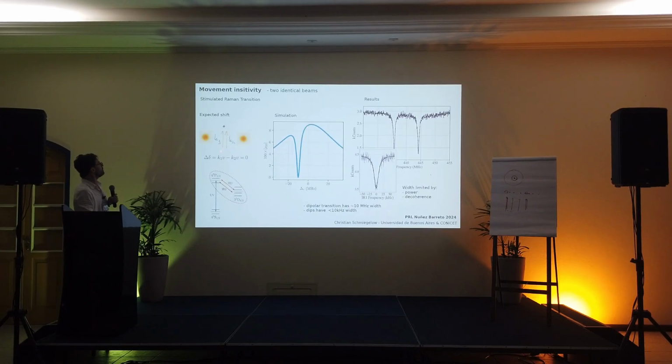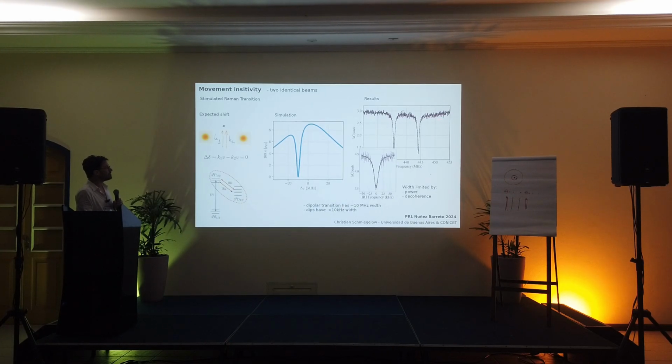And what happens, if you shine two laser beams which are co-propagating, and they're Gaussian beams, you will see that the Doppler shift totally cancels out, and you see this dip. This is just a schematic of one dip. These are the two dips that we actually see, and you see these dips are very, very thin.